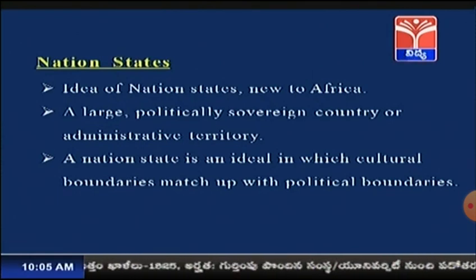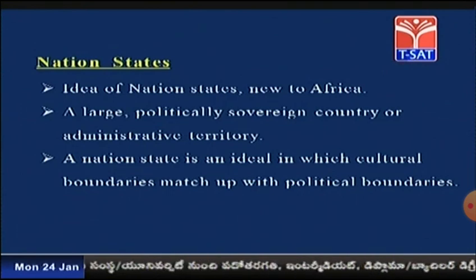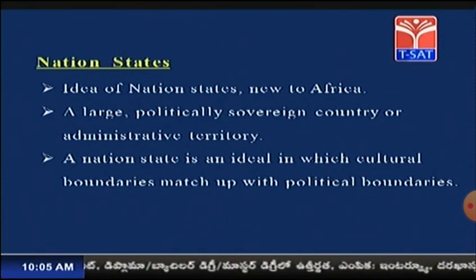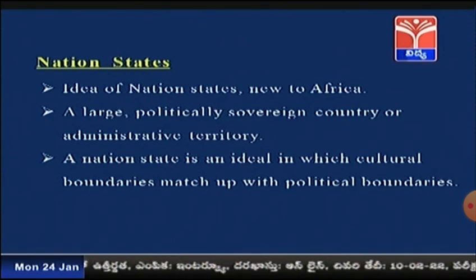In other words, we can say a nation state is an ideal in which cultural boundaries match up with political boundaries. So this concept of nation states is very new to African countries. That is, politically organized people having the same race, culture, tradition and languages.